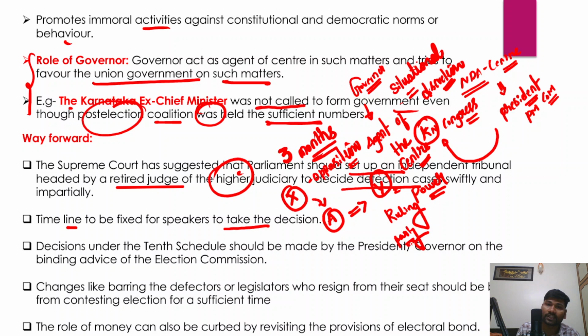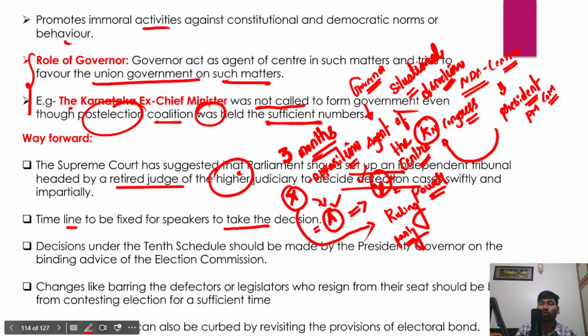Now a disqualification petition under anti-defection law would be filed by the political party X to disqualify member A because he actually shifted from political party X to political party Y. So in fact, a shift of member A from political party X to political party Y actually benefits the political party Y by increasing its numerical strength in the house, right?